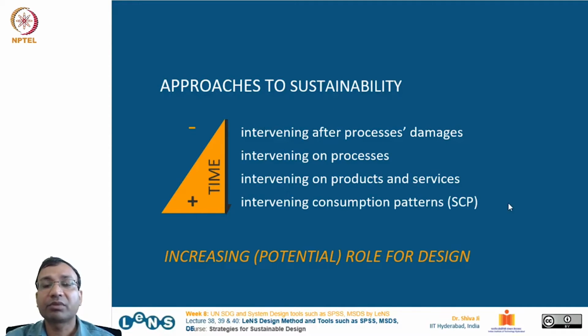For example, once a product is used and discarded, even by adopting certain strategies at that time, for example recycling, reusing, remanufacturing, etc., we can minimize impact up to a certain extent.